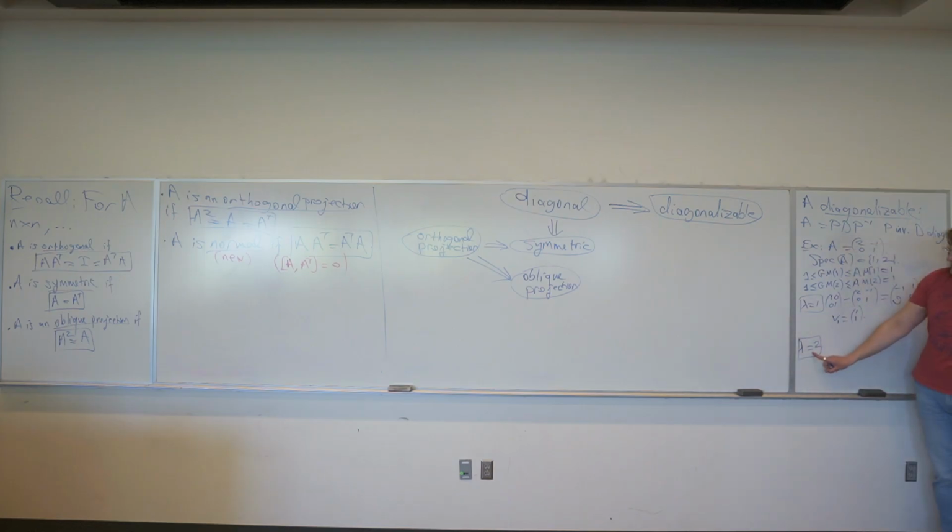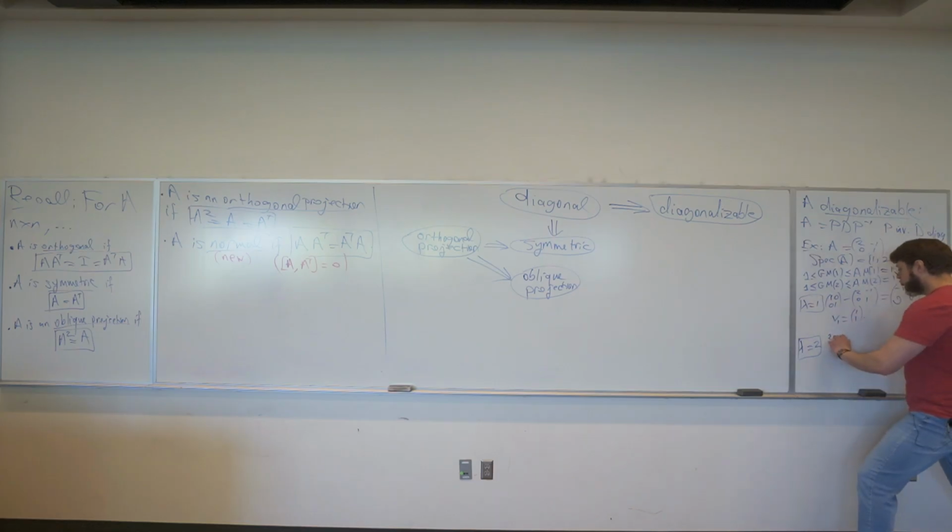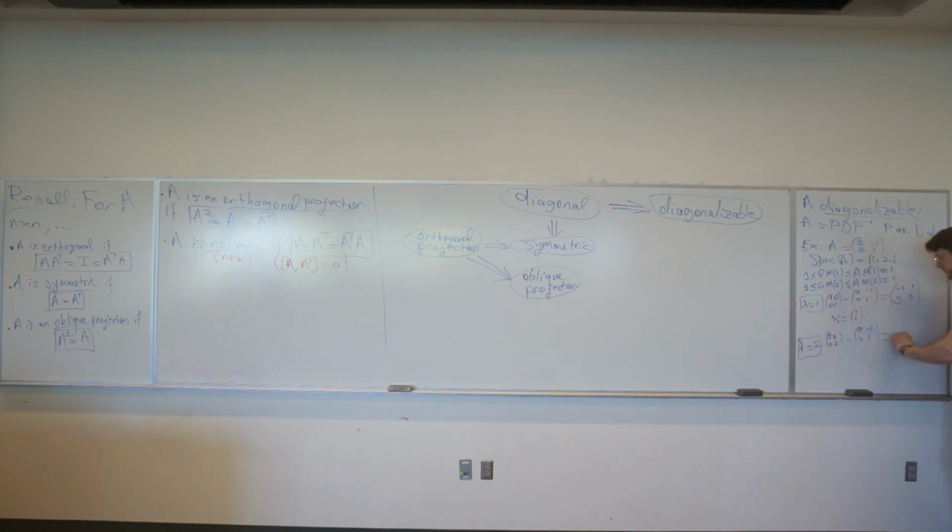To get an eigenvector associated to the other eigenvalue, I'm going to use this scalar to scalar multiply the identity matrix, subtract A from it, and then look at the null space of the corresponding matrix. So 2, 0, 0, 2 minus A, now this is 0, 1, 0, 1.